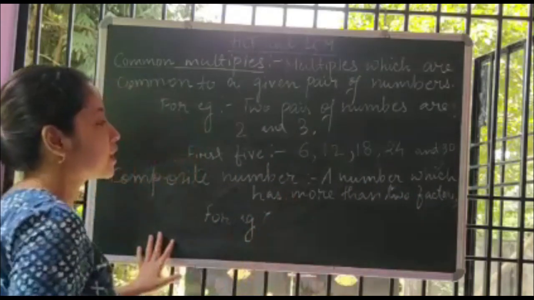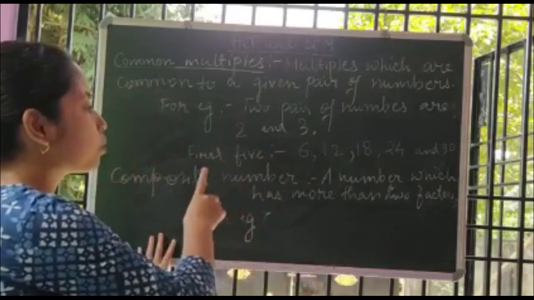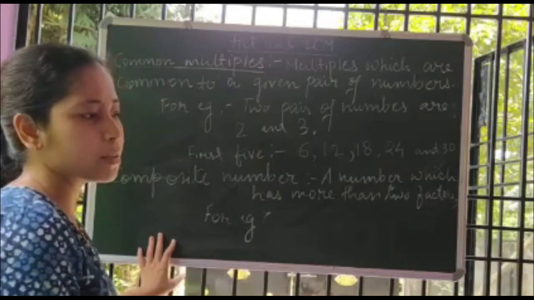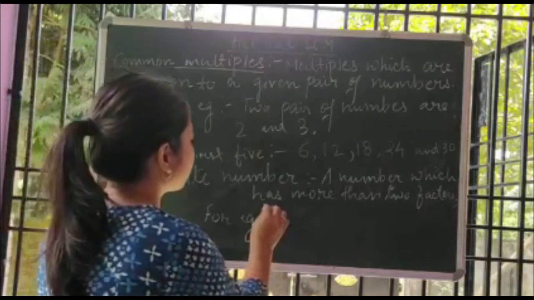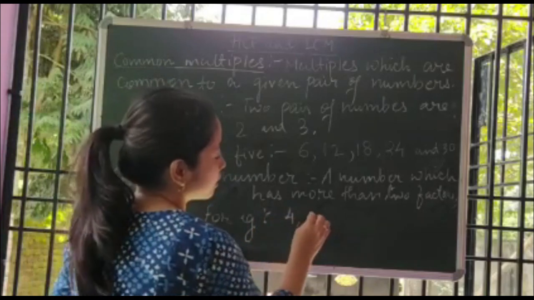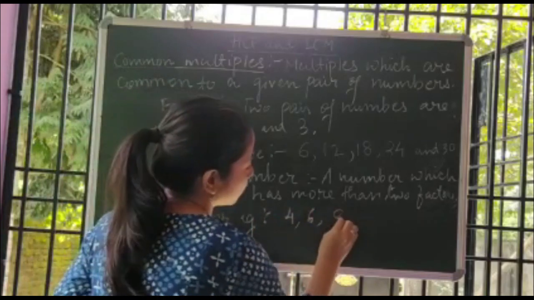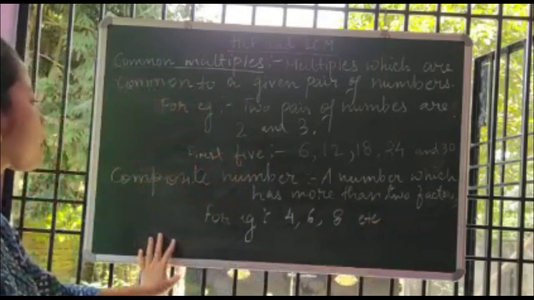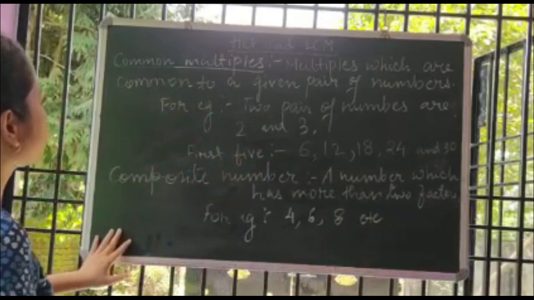Composite number, a number which has more than two factors. Like 4, then 6, 8, etc. Isn't it? So this is known as composite number.